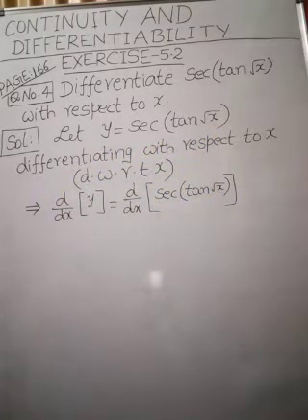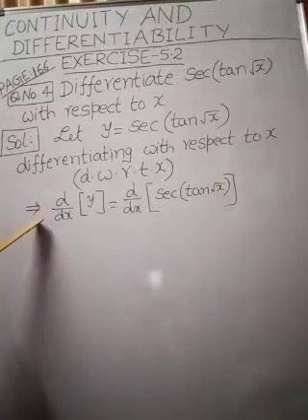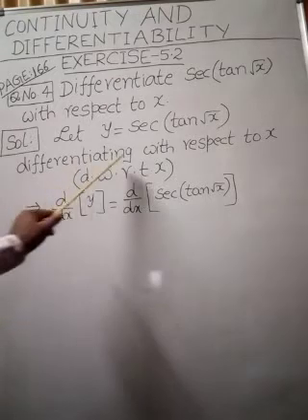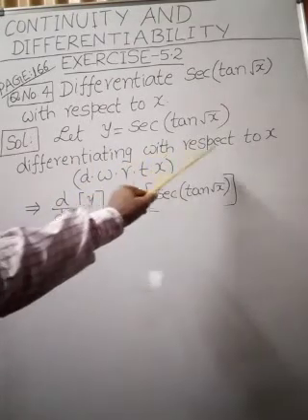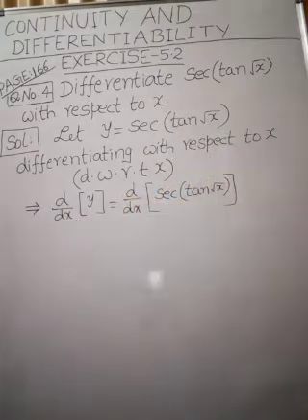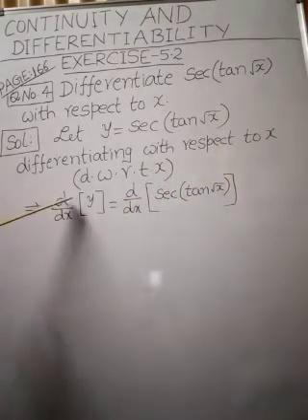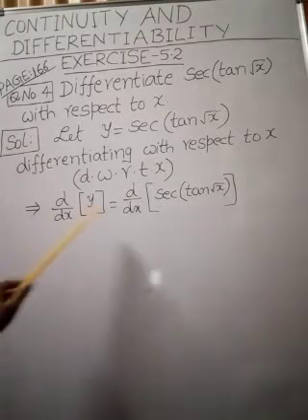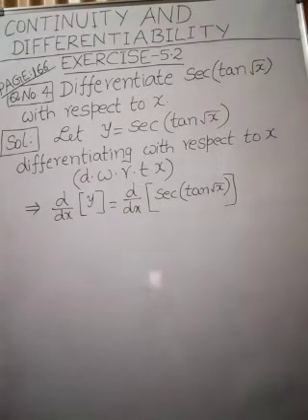Okay, my dear children, remember this point. This implies d by dx, the differential operator, because we are differentiating the functions on both sides with respect to x. That is why we write the differential operator on both sides. Understood this step, my dear children?